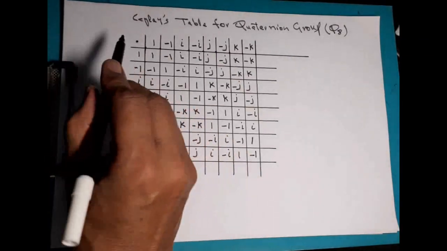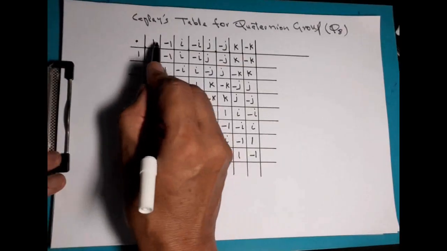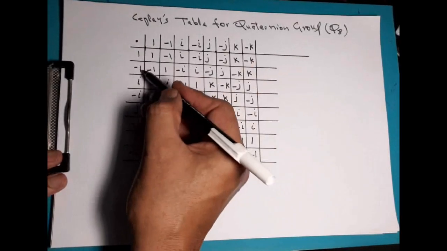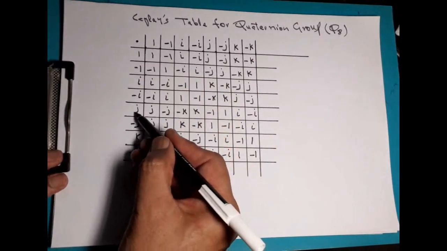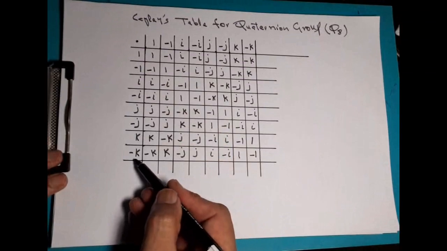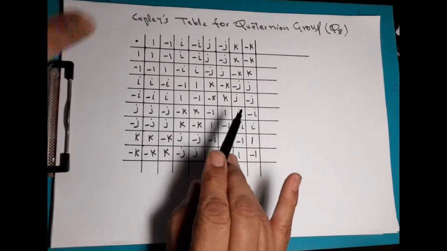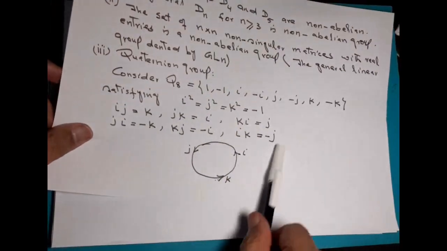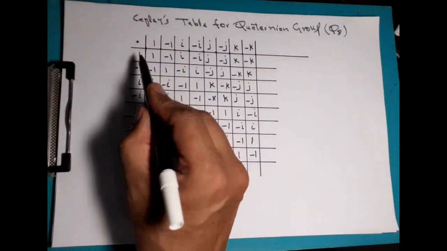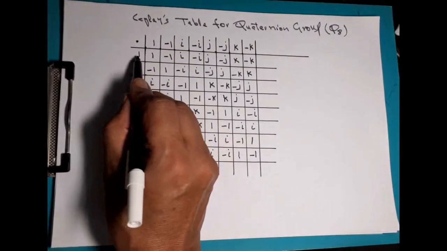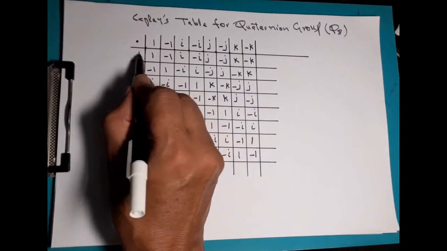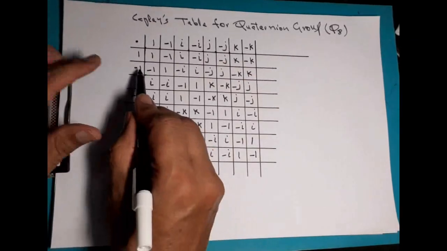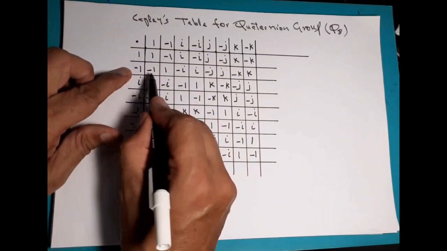Note that the operation is multiplication. The elements are 1, minus 1, i, minus i, j, minus j, k, minus k along the rows and columns, and I have multiplied them with each other using these relations. For example, 1 is the identity element, so all these elements are as they are above. Minus 1 multiplied with 1 is equal to minus 1.